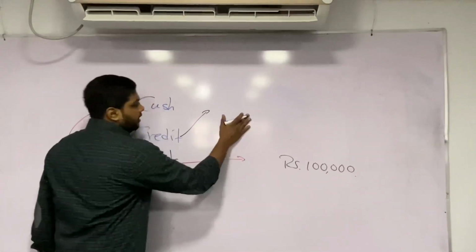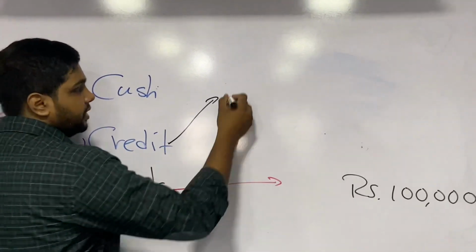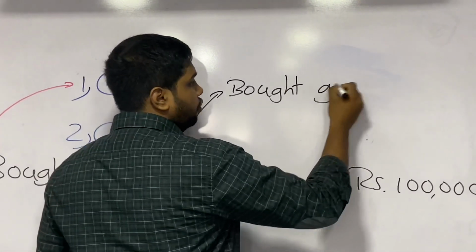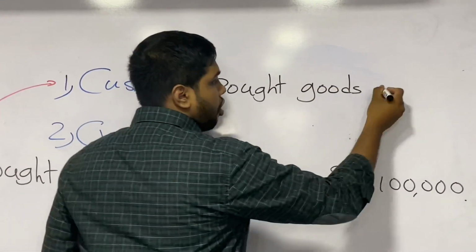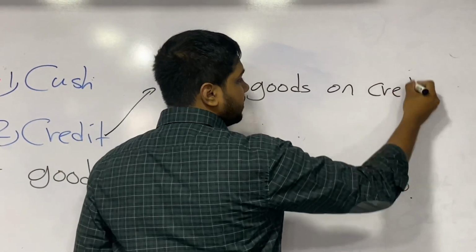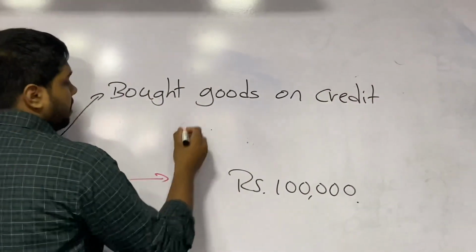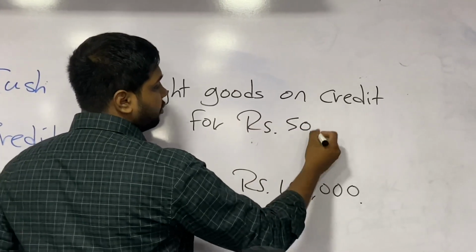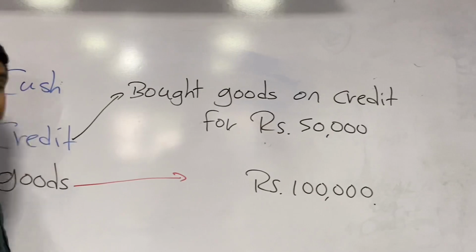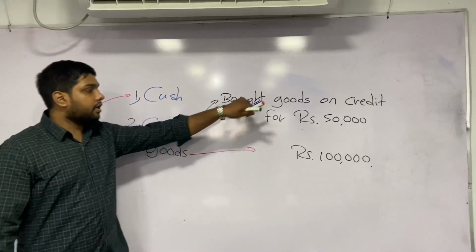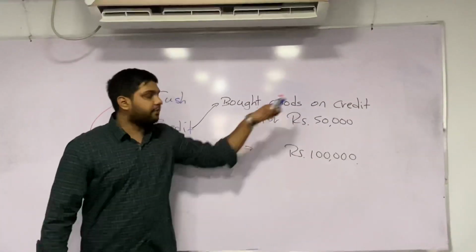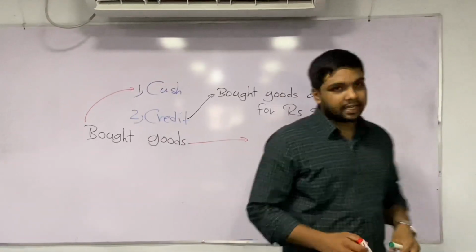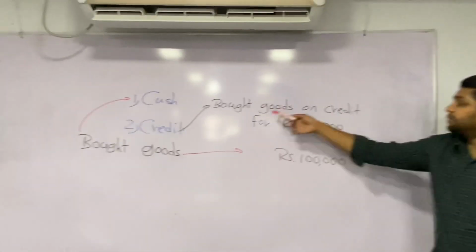Zoom here. So when we say in a transaction, bought goods on credit for 50,000 rupees, it's very easy. Look at the screen. Bought goods on credit.